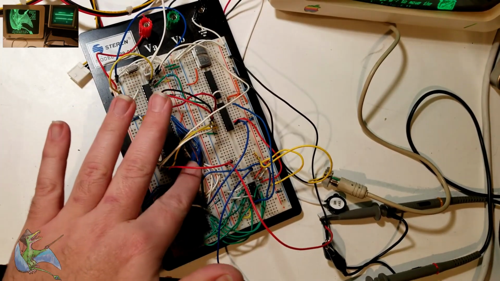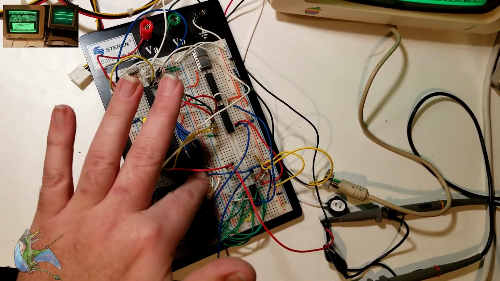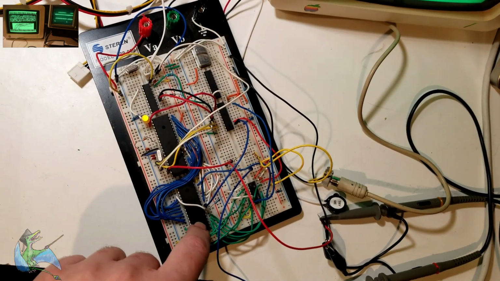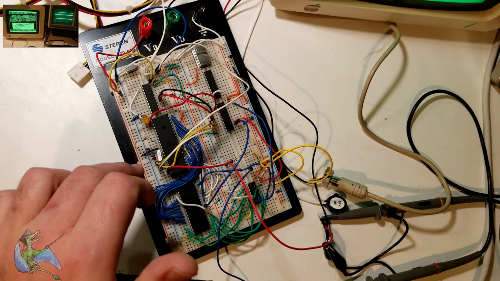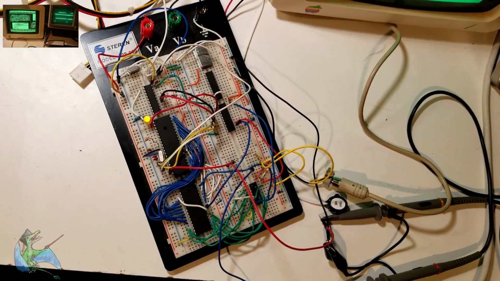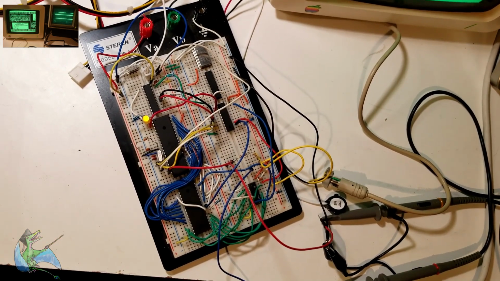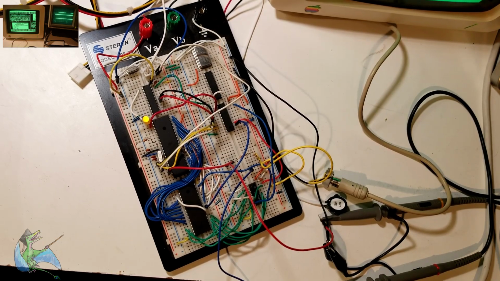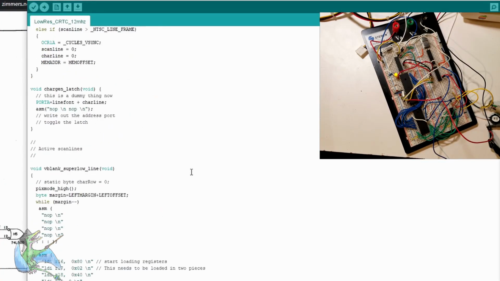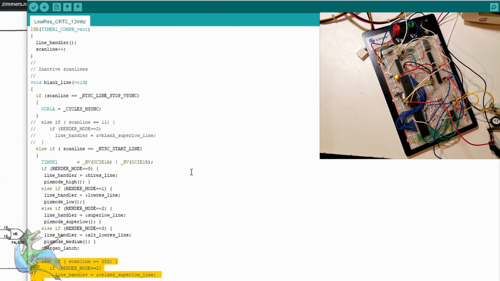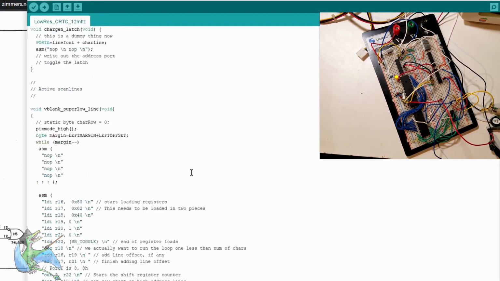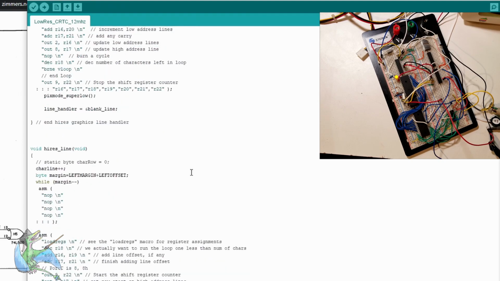All the lines coming out of this side of the MCU, they're mostly blue, going into this, which is still just a ROM chip at this point. These are the address lines. If we look at the code that I wrote, and we'll look at the high-res line, I think, because it's the simplest.